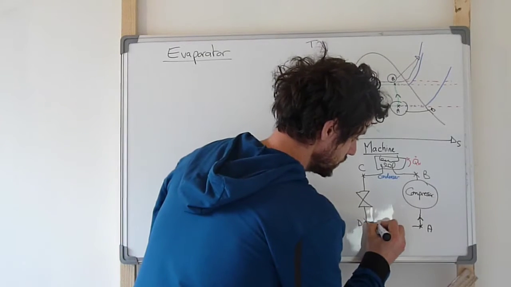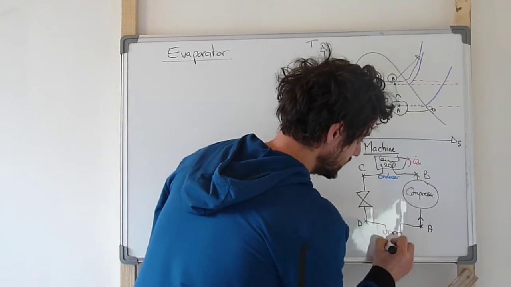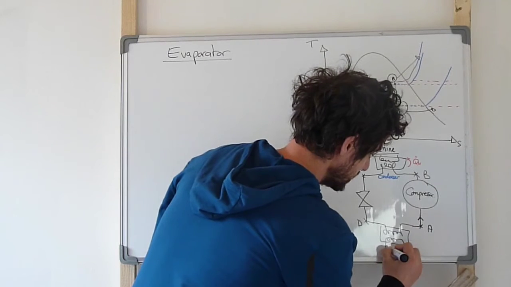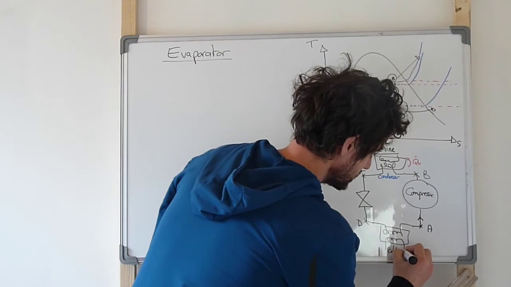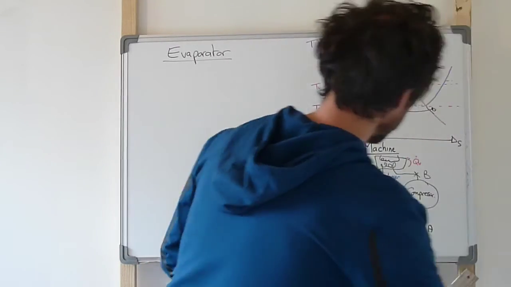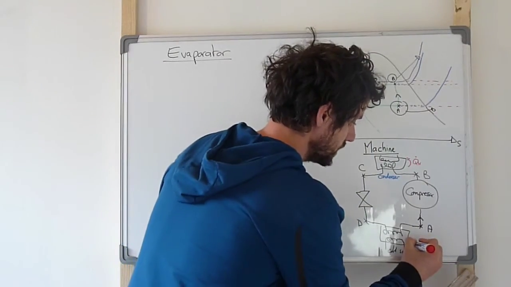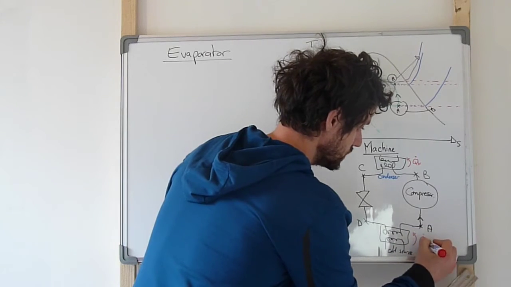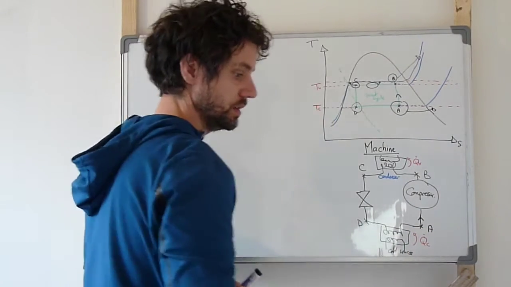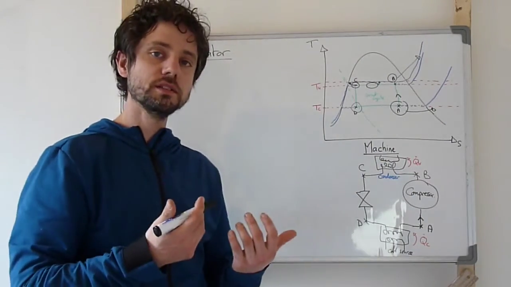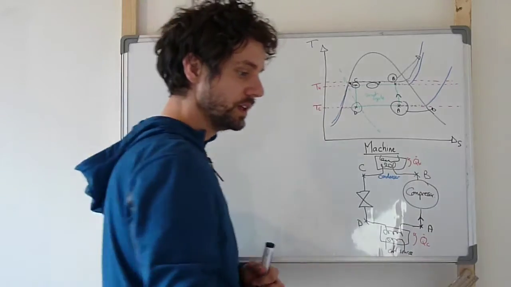So here we can add a heat exchanger, and on the other side it will be the cold source, and this time we want the cold source to give heat to the working fluid. So in order for this to happen, we need the cold source to be at a higher temperature than the working fluid.